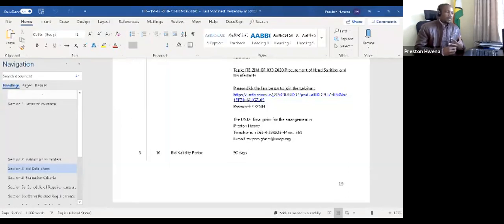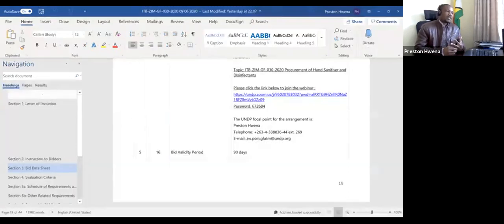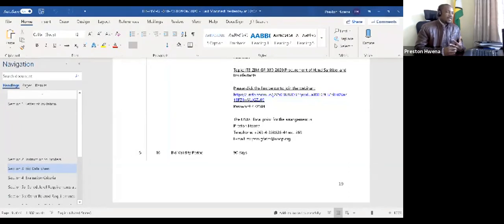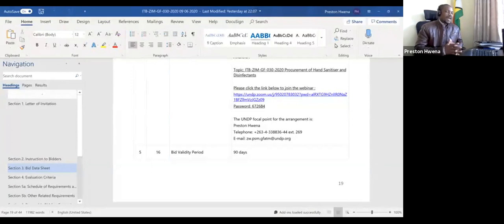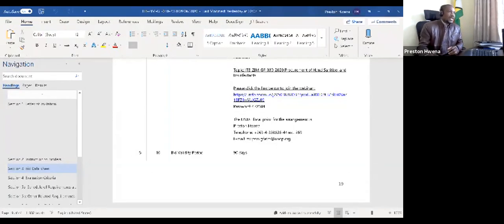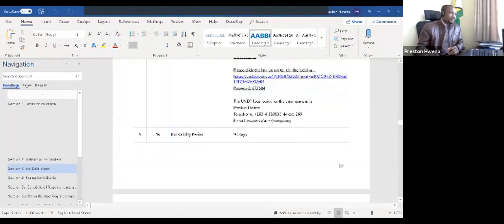But whenever you are providing your offers to UNDP, make sure that it is a minimum of 90 days. We expect no price changes within the following 90 days once you have given us your price offer.